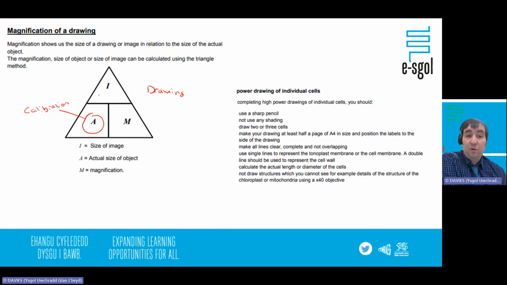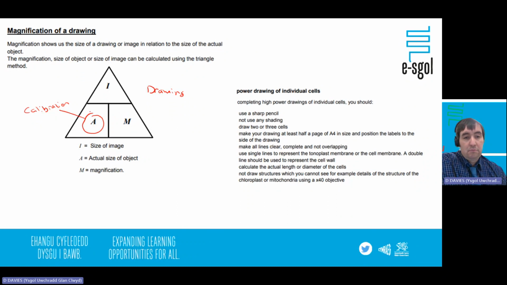This is a formula triangle, quite an easy thing to derive if you can remember. I at the top, M at the bottom. I stands for the image size, so that's the size of the picture. M is for magnification, so M is how many times bigger the picture is than the real thing.